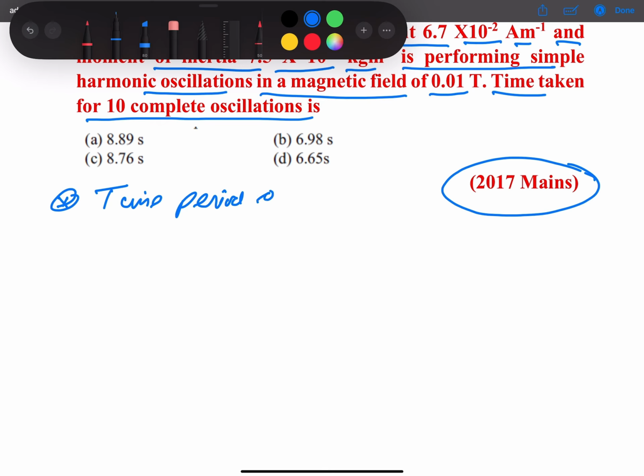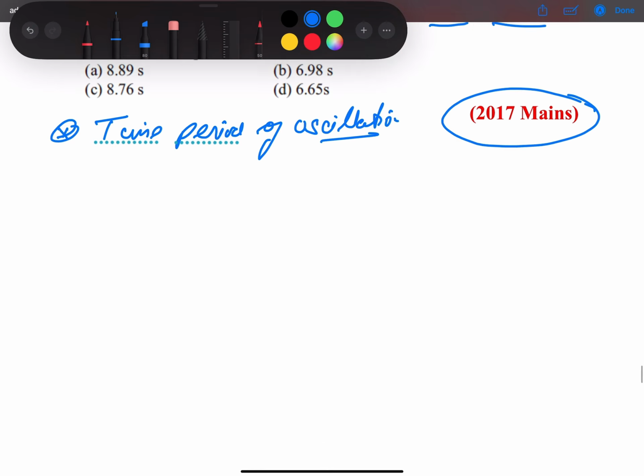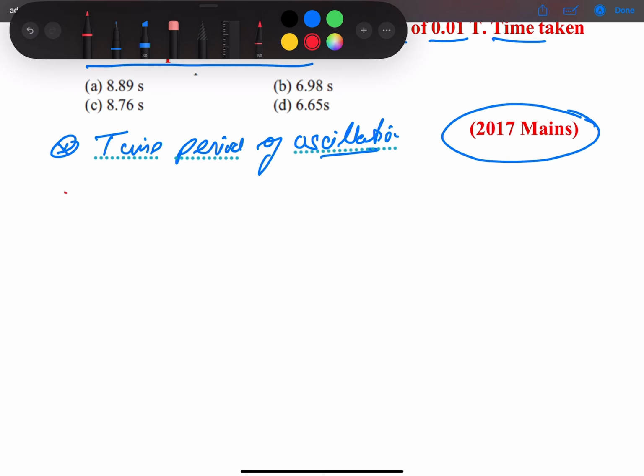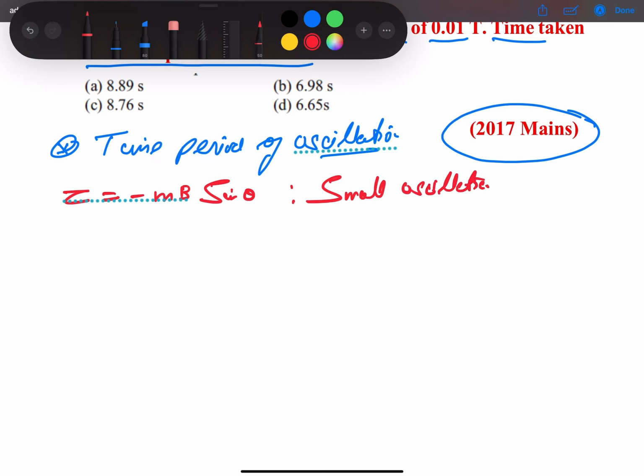So we can derive the time period of oscillation. The torque acting on the needle, we can say, will be equal to minus mB sine of theta, and for small oscillation we can say sine of theta is approximately equal to theta.